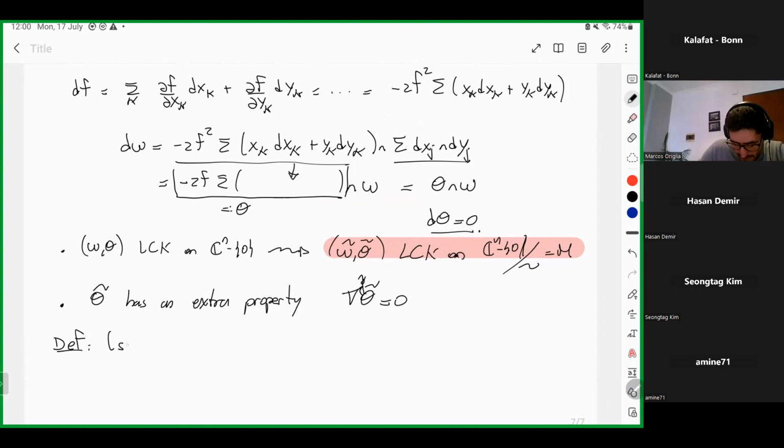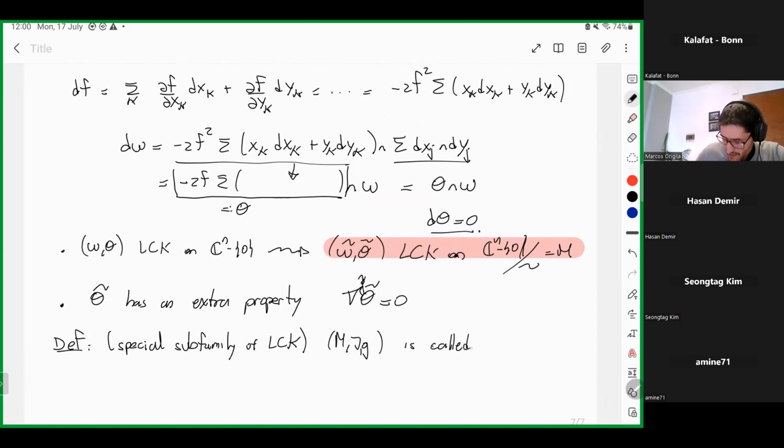So there is a special subfamily of LCK. So M, J, and the metric g, LCK, is called a Vaisman structure or Vaisman manifold.